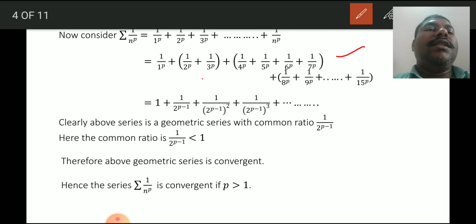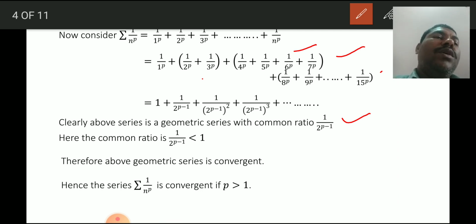Next, this can be written as 1 by 2 raised to p minus 1, and this as 1 by 2 raised to p minus 1 whole square, and this as 1 by 2 raised to p minus 1 whole cube. Clearly, this series is a geometric series with common ratio 1 by 2 raised to p minus 1.